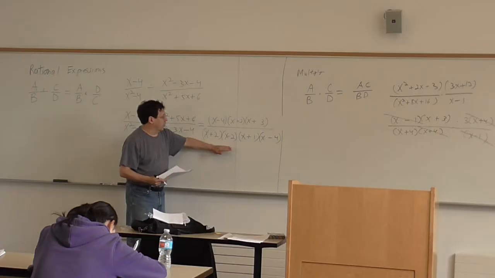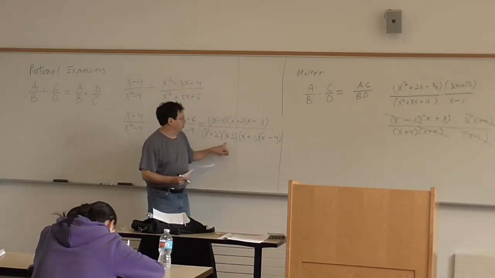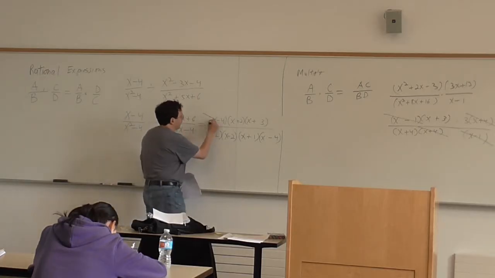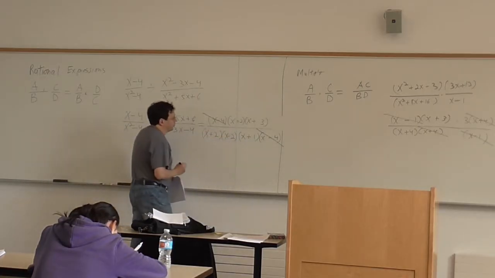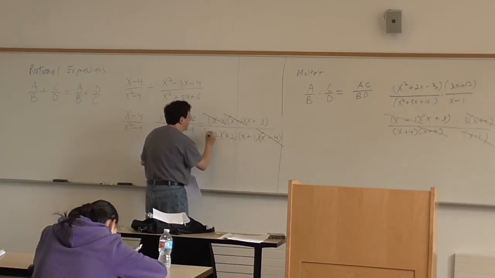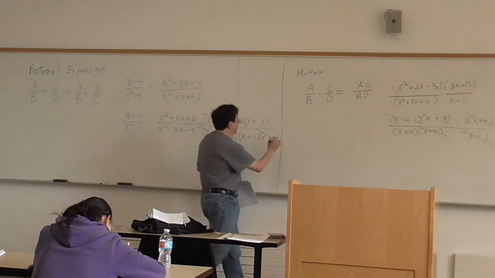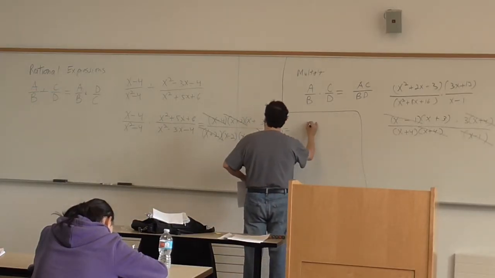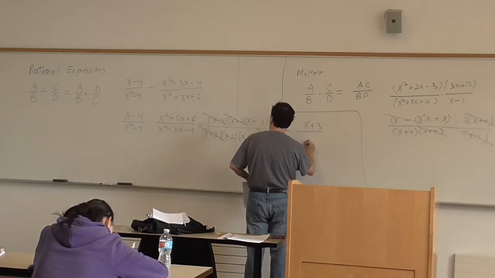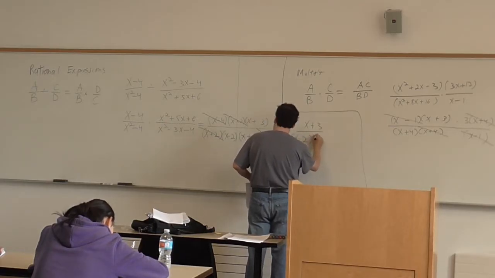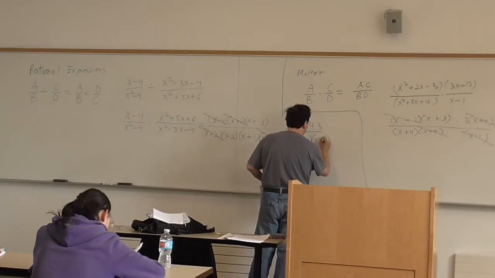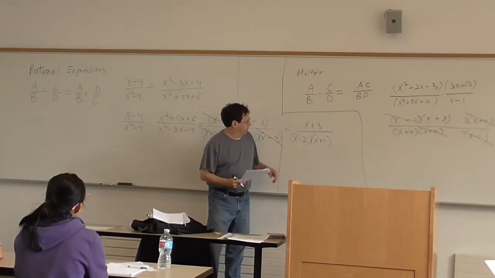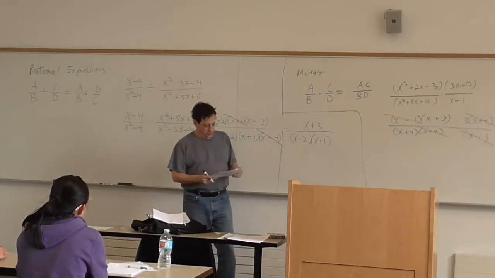Right away, we can see that the domain here excludes minus 2, 2, minus 1, and 4. And that's not going to change. But in simplifying this, we can get rid of the x minus 4 and the x plus 2. And so the result equals x plus 3 over x minus 2 times x plus 1. And if it suits the problem, you can FOIL this, but leaving something like this is fine.